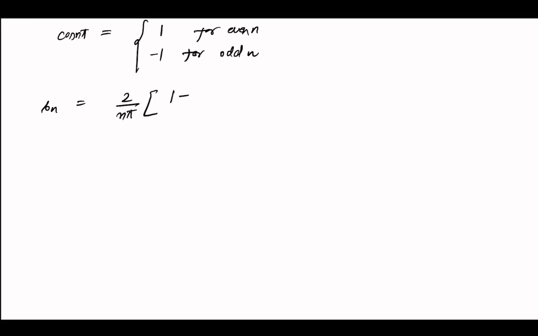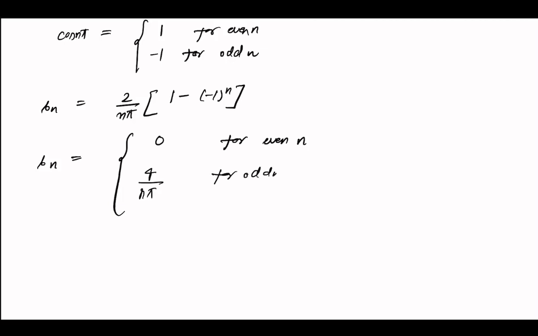We can write cos n pi as minus 1 to the power n. Therefore bn is 0 for even n, because for even n cos n pi becomes 1, so it will become 0, and for odd n it will become 2 times 2 upon n pi, so 4 upon n pi for odd n.